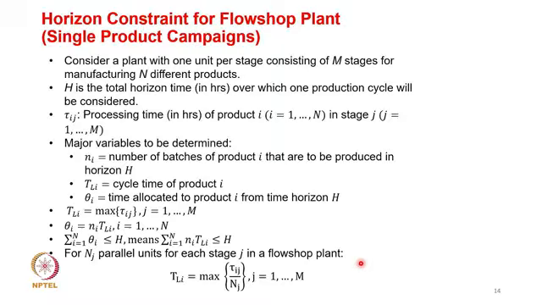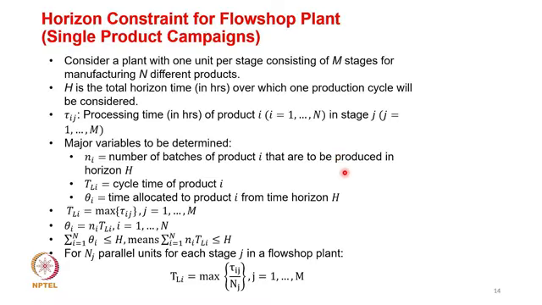So let's consider a plant with a one unit stage having m stages for continuous manufacturing of n end products. H is the total horizon time in hours, over which one production cycle will be considered. And tau ij is the process time in hours of product i equal to 1 to n, stage j equal to 1 to m.